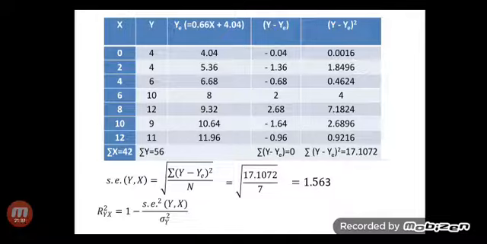Here the r square of the regression line y on x is equal to 1 minus the square of the standard error of y on x divided by the variance of y. Here we put the values, and finally we get the r square for y on x is also 0.74.